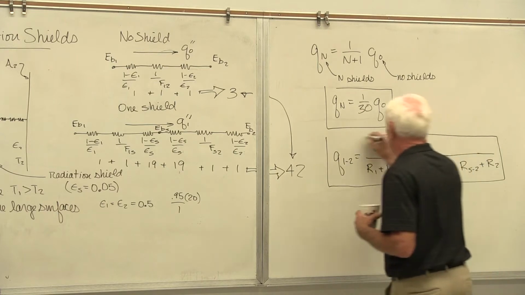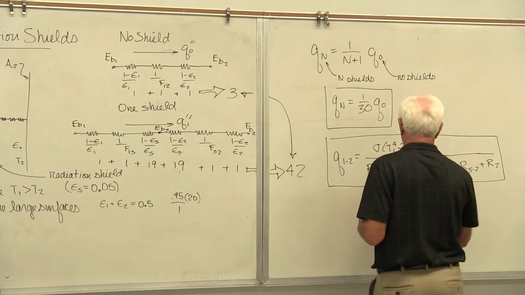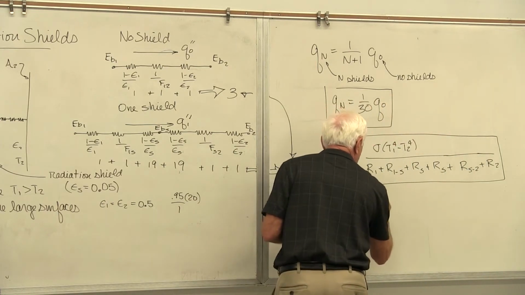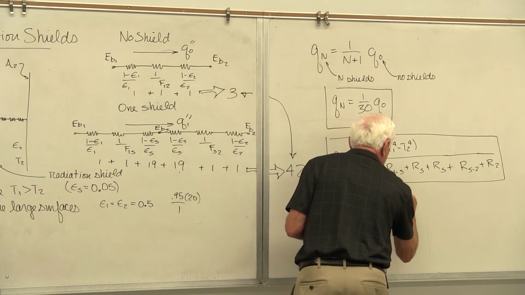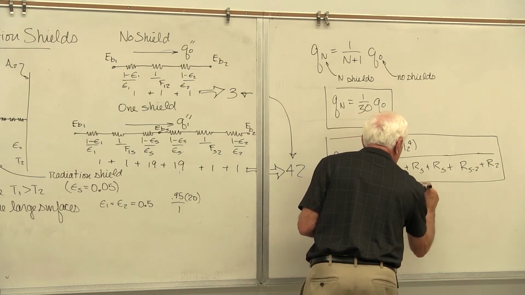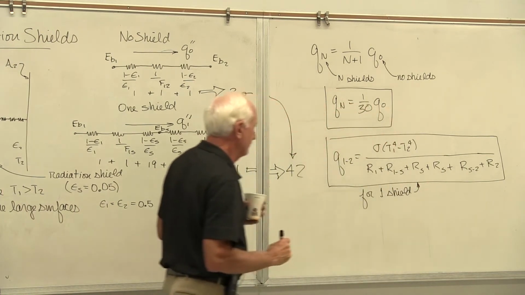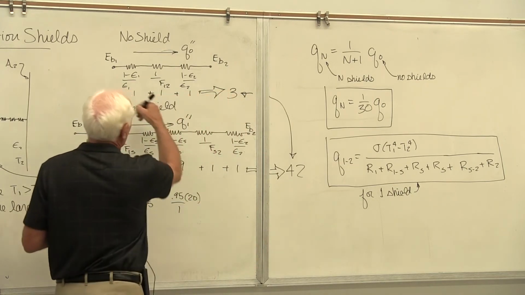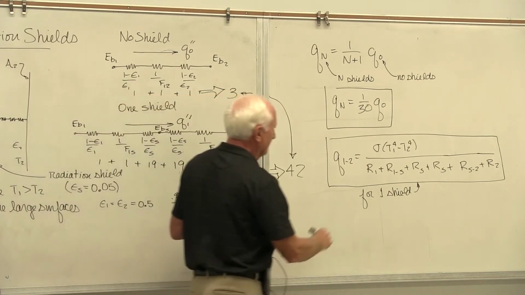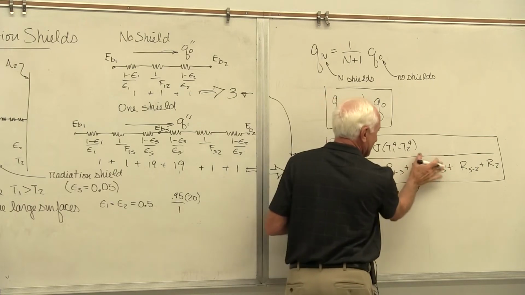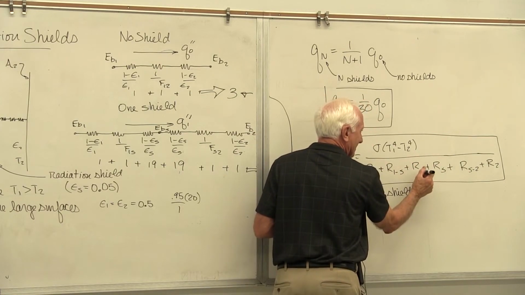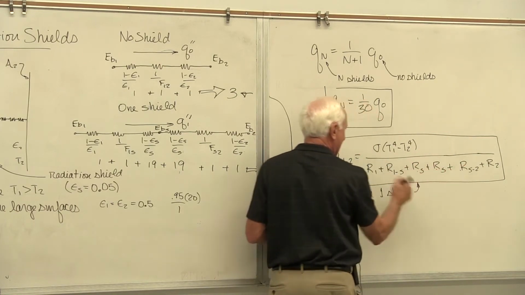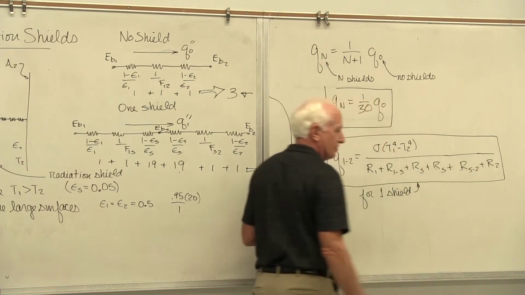That's what you have for one shield. And of course, for no shields, get rid of these three resistors here. Knock this one out, this one out, this one out. Now you've got three resistors left with no shields.